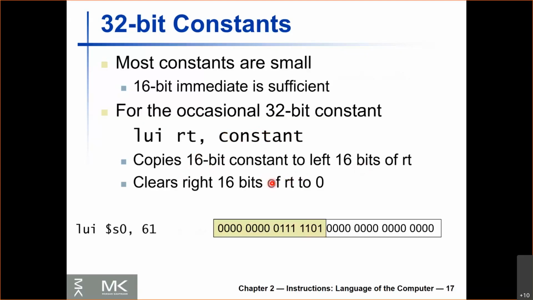So for example, if I do a load upper immediate S0, 61, it will put the binary value of 61 in the upper part of the word, the left part of the word. Now I need another instruction that initializes the 16 bits on the right. What can I do to initialize these?